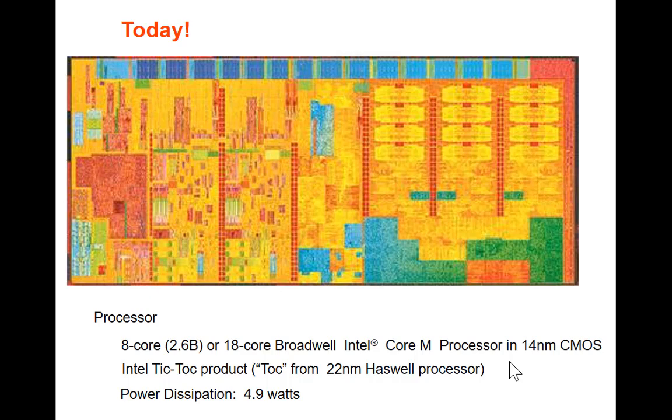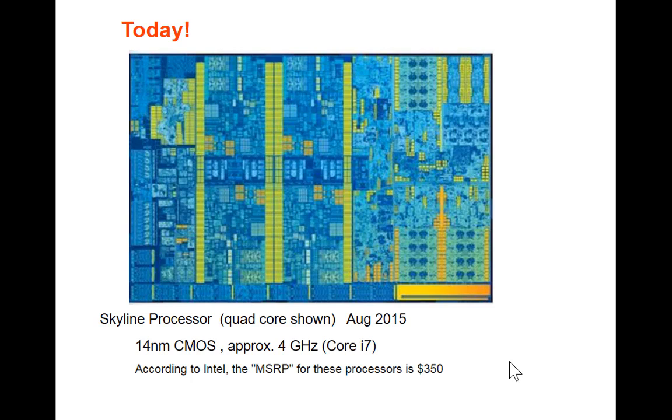So that's the tock version of the processor. Skylake processor, 14 nanometer CMOS process, about 4 gigahertz clock speed. And these processors, according to Intel, the price is around $350 for one of these chips.